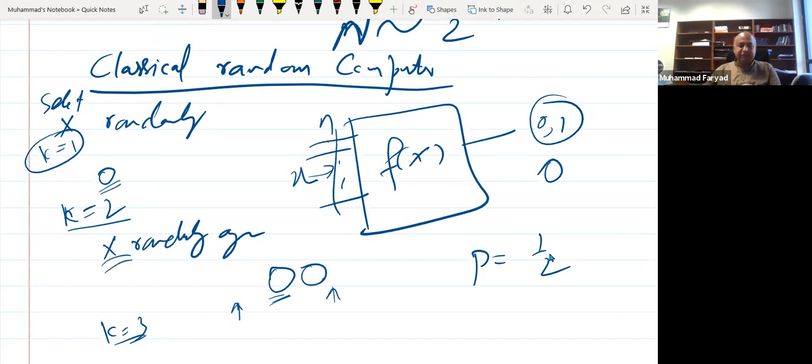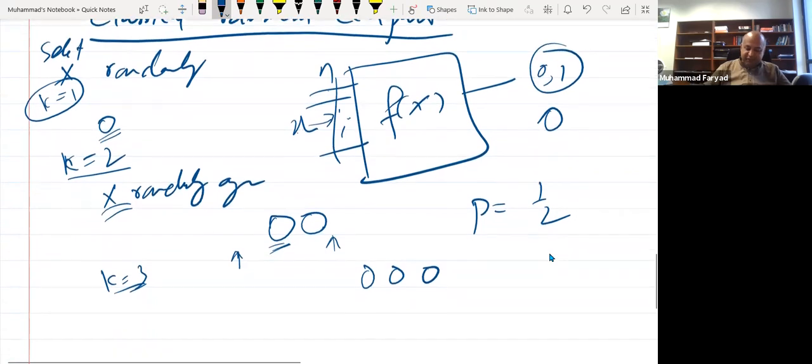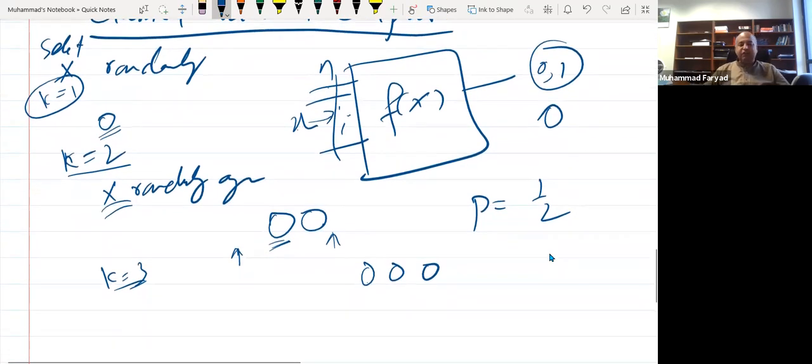And let's say I select another random input, and I give this to it, and I get a 0 again. Now my probability of saying that this is a constant function has increased, because for 3 inputs I have been able to get the same output. Technically, I can compute this probability like this.